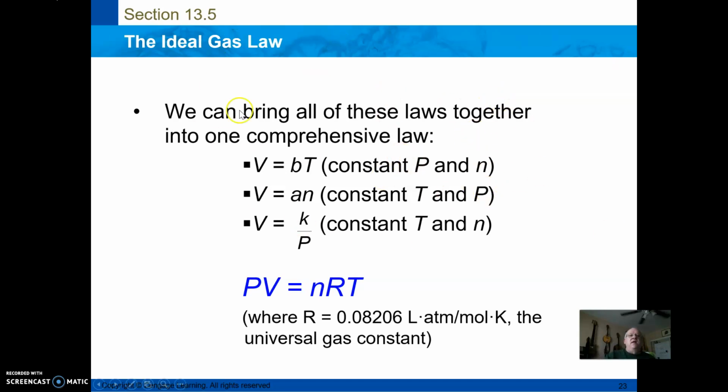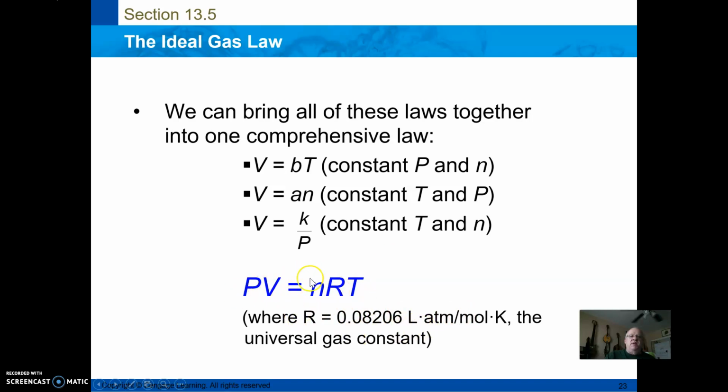The ideal gas law is the one where you bring all of the laws together, Boyle's, Avogadro's, and Charles' law, into one. When you do that, you have to use the constant R, the universal gas constant.